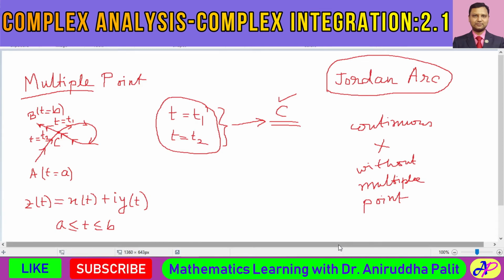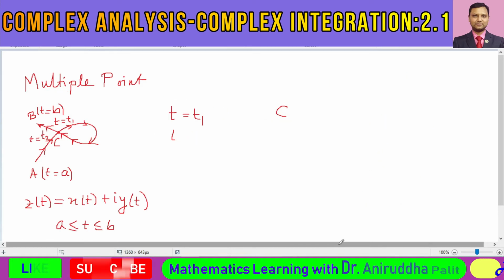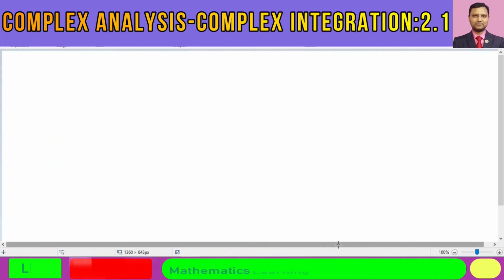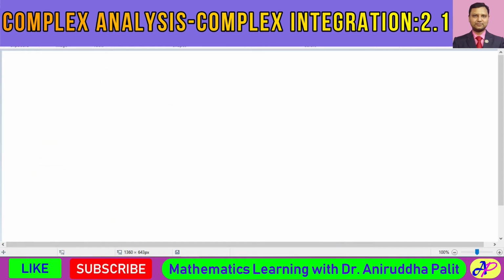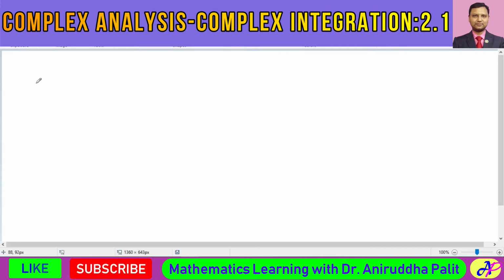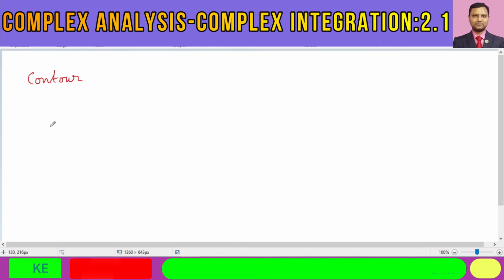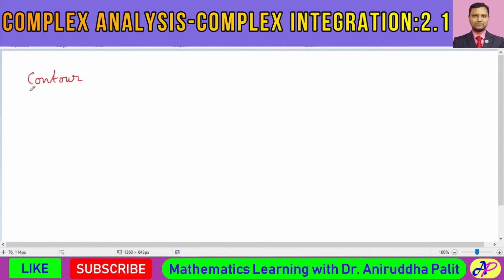Along with these definitions, let me introduce one more definition. Let me delete all of this. That is the next definition, the definition of contour. As per your syllabus, we are to discuss the contouring here. So let me define what is called contour.